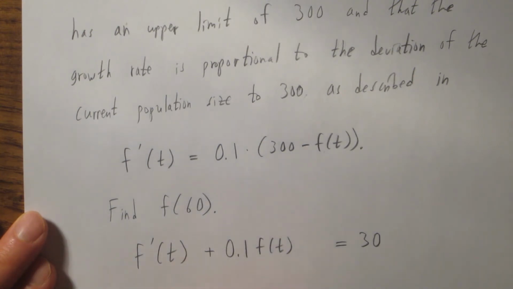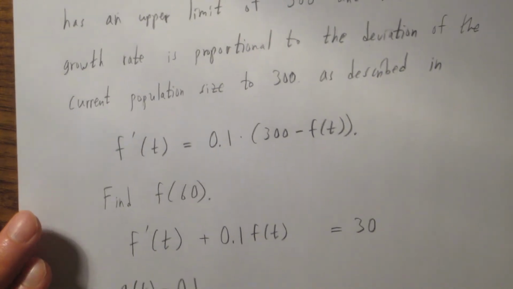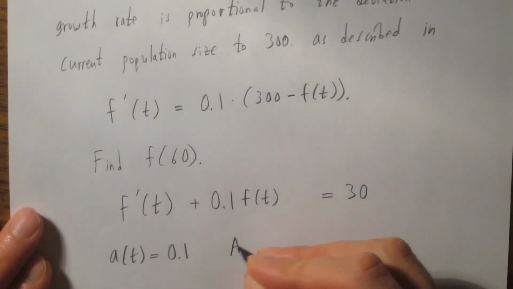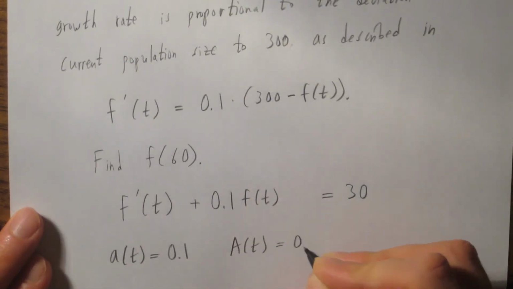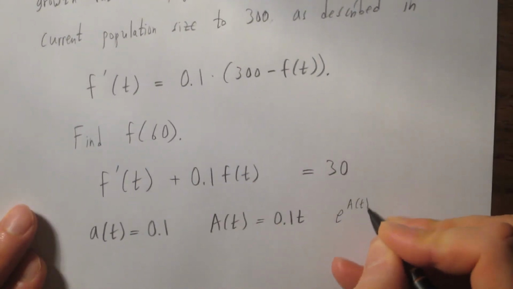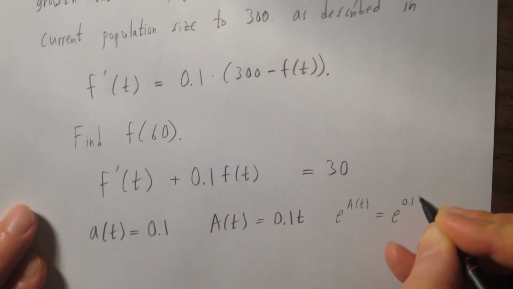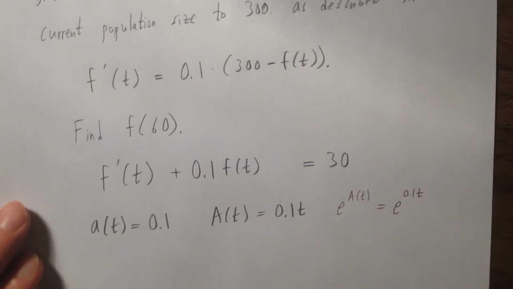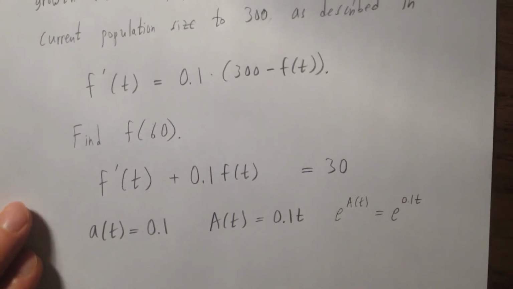So let's write that little a is 0.1, and then capital A is going to be 0.1t, and e to the power of A is going to be e to the power of 0.1t. That's the integrating factor. Let's go ahead and multiply everything in our differential equation by the integrating factor.